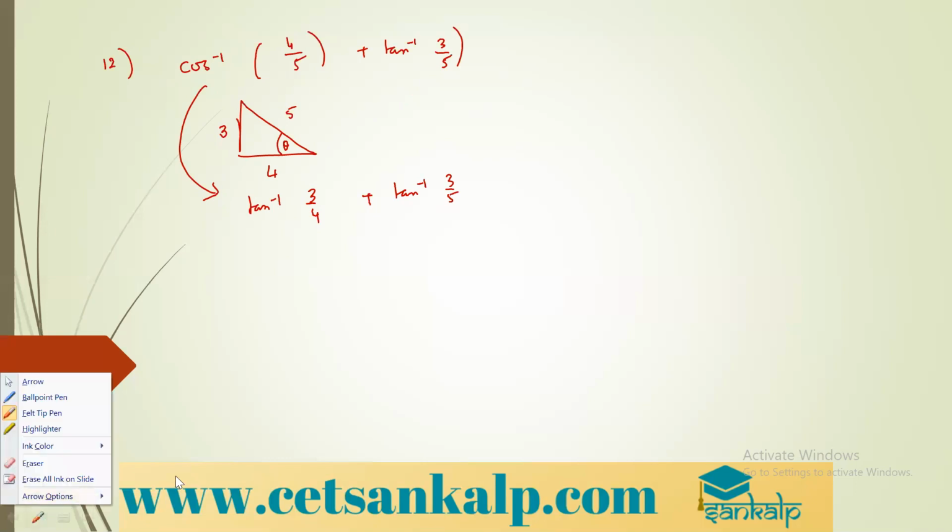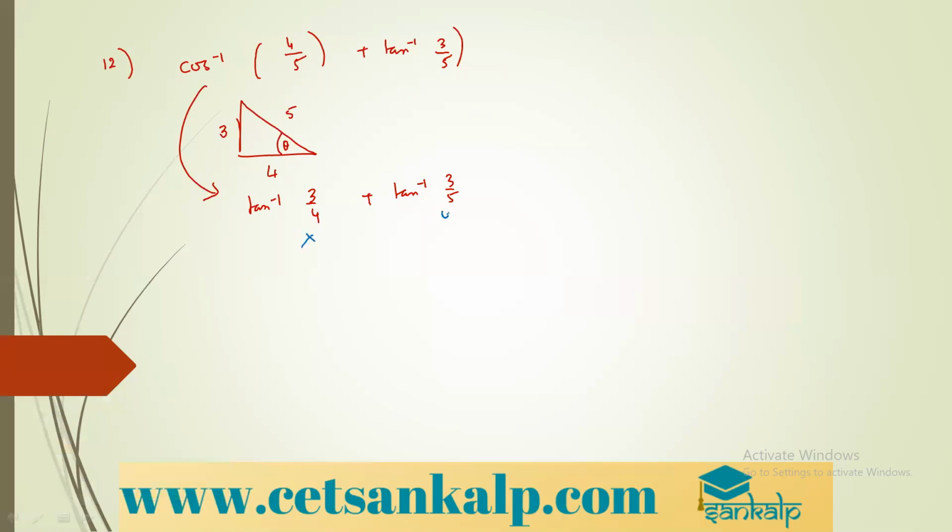So now you can use the formula tan inverse x plus tan inverse y equals tan inverse of x plus y by 1 minus xy. So it will be tan inverse of 15 plus 12, that is 27, over 20 minus 9, that is 11. So this will be the answer.